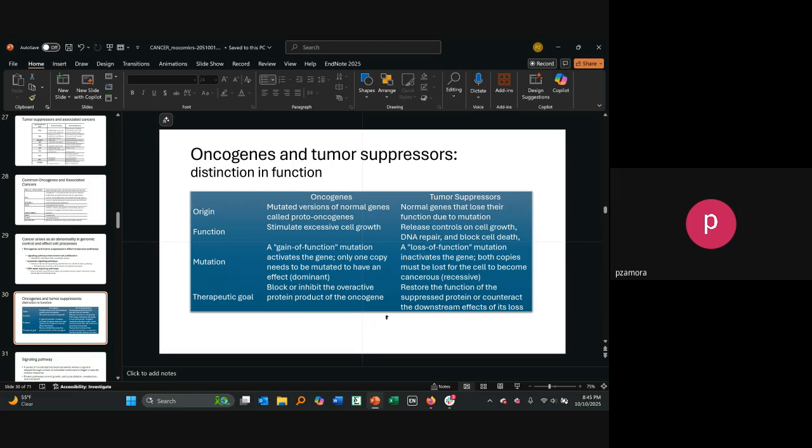On the other hand, you have a tumor suppressor like TP53. One of the therapeutic approaches is to try to restore the function of the suppressed protein. And again, that's what we talked about earlier. I want to just reiterate that because it ended up being addressed directly on a slide.